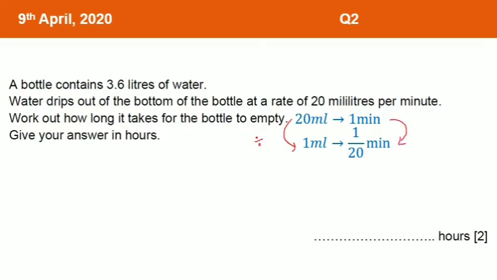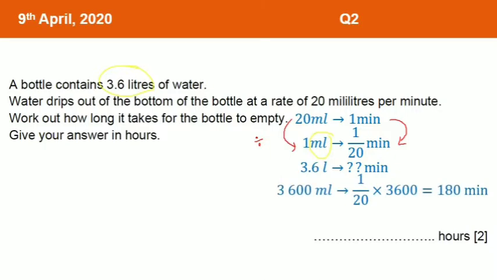Now for the very first sentence, we have 3.6 liters. We are going to find how many minutes for 3.6 liters. Since the rate is given in millimeters, we need to change it into millimeters first. 1 liter is equal to 1000 millimeters. That's why 3.6 liters will be 3600 millimeters.